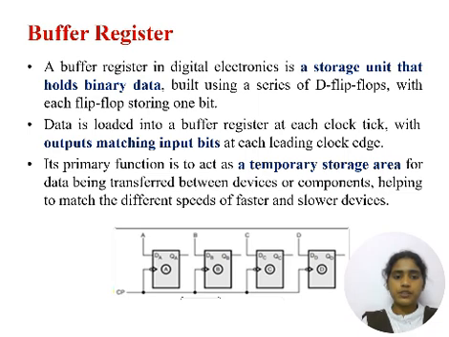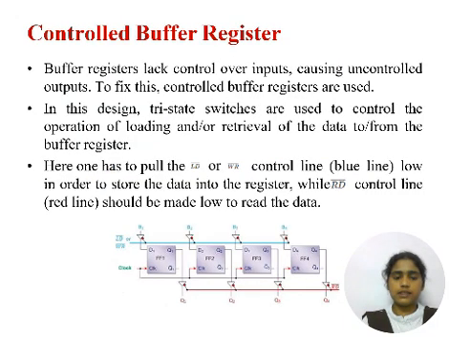Its primary function is to act as a temporary storage area for data being transferred between devices or components, helping to match the different speeds of faster and slower devices.